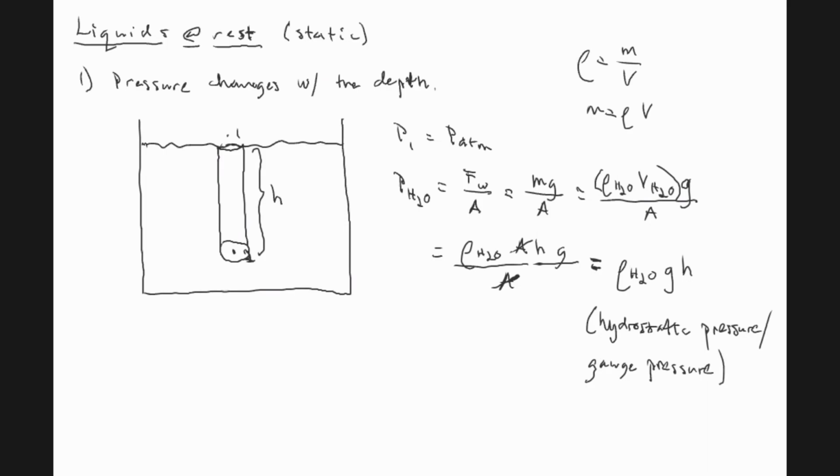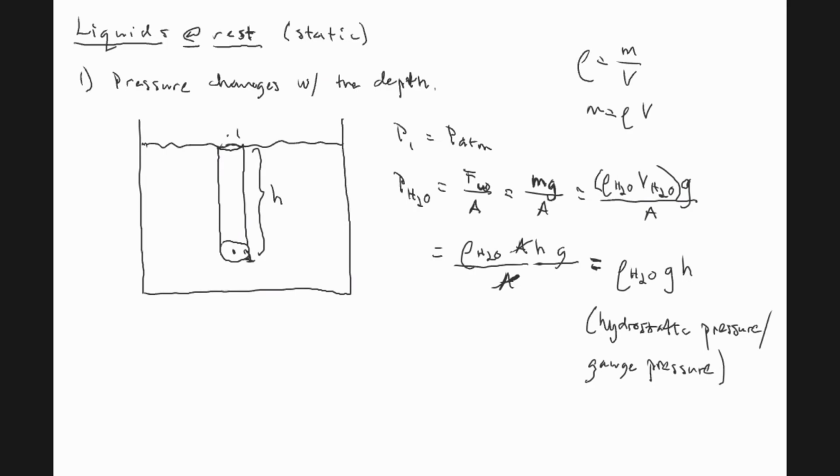We call this hydrostatic pressure, the pressure due to water staying still above us. So it's the column of fluid above you that's pushing down. W in the FW is for weight, which is why it's mg for the force. And it's the weight of water.